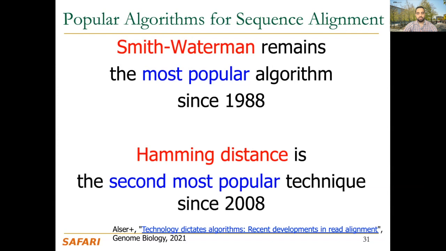This is an algorithm made for error correction or error detection in communication by Richard Hamming, a very famous scientist. But they use it to find substitutions because one of the alterations happening to our DNA is substitutions, right? Some characters can be changed from C to G and it will cause something, either a phenotype or a disease. And people are still using Hamming distance, which is very cheap to compute, unlike Smith-Waterman, for example.